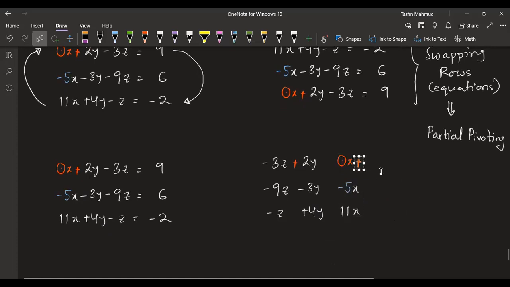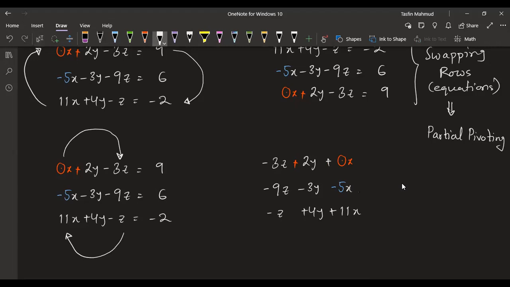Right? So we can swap the columns as well if we wish. This is also valid. So we are actually swapping this column with this, right? And the constant will remain as it is.